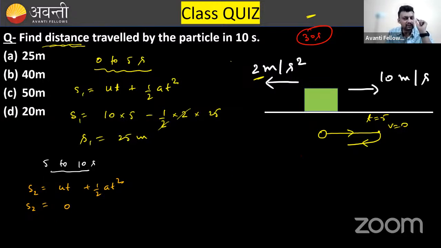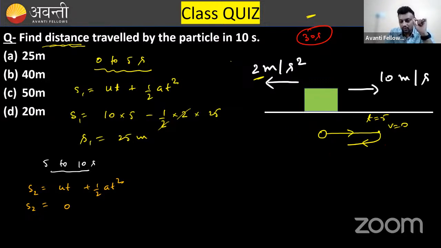Now, one more question that I want you to answer: in this 5 to 10 second motion, should we take acceleration as positive or negative? Just answer this question and we are done. Positive. Very good.